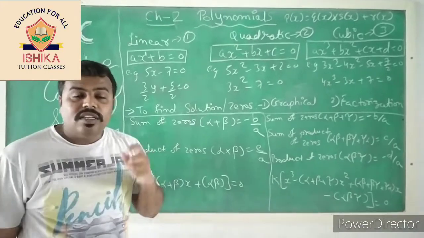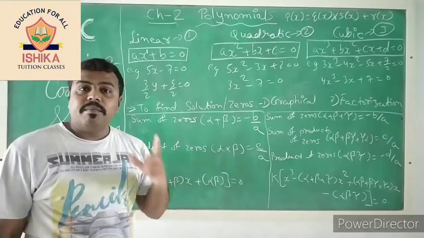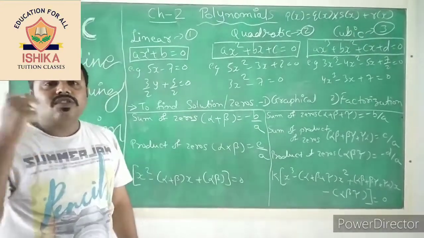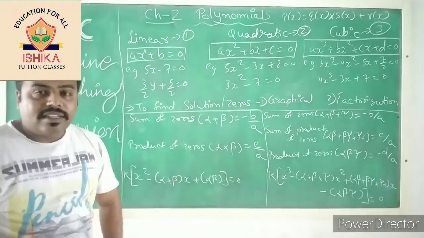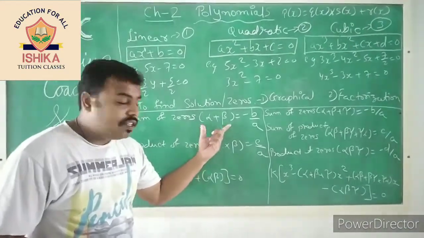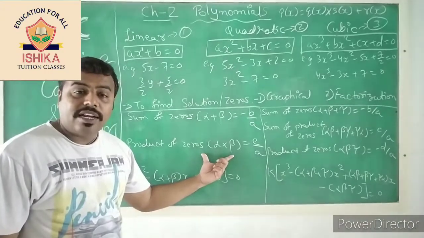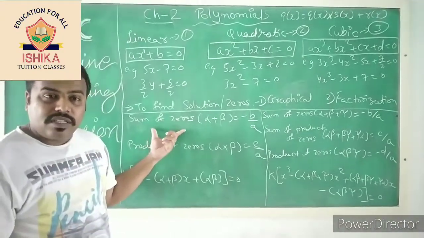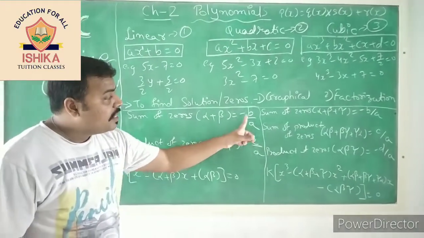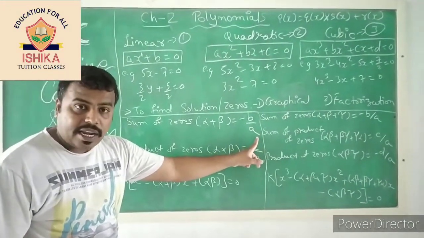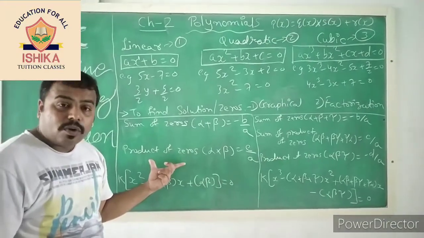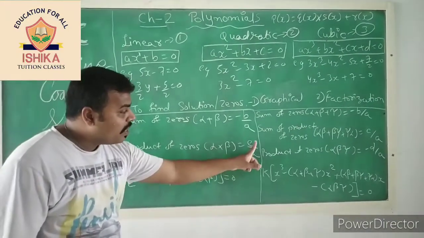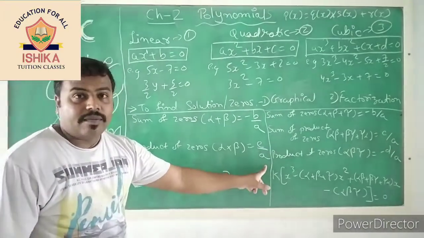Let us denote these zeros as alpha and beta. Now, there is a shortcut to find whether the sum of the zeros and product of the zeros are right or wrong. For a quadratic polynomial, the sum of the zeros, that is alpha plus beta, is equal to minus b upon a, and the product of the zeros, that is alpha into beta, is equal to c upon a.